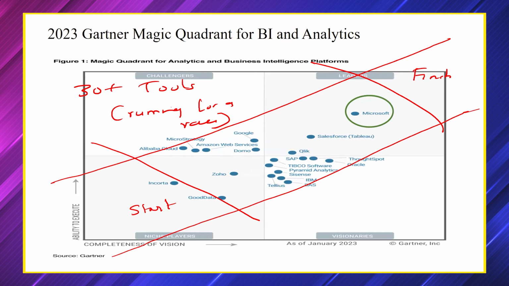I'll give you 30 seconds. Analyze this, observe this race, and tell me what your insights are on this. Start line, finish line, 30 tools running for the race. What are your thoughts on this?